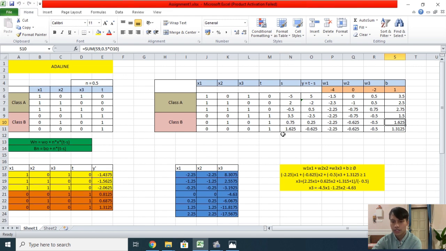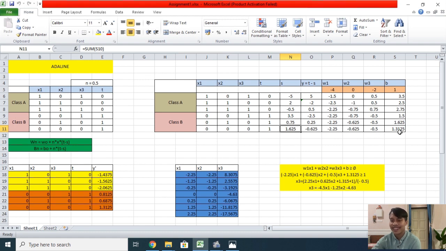Okay, next is the value of s. Because x1, x2, x3 don't have a value, we just get the bias number 1.625, and the y equal to 1 minus, t minus s, we get the negative 0.625. And w1, because the x1 is no value, we get the w old value negative 2.25, same with w2 and w3.